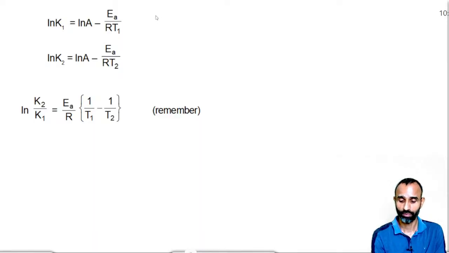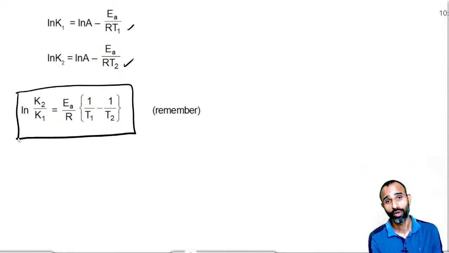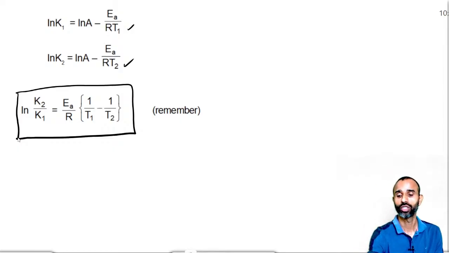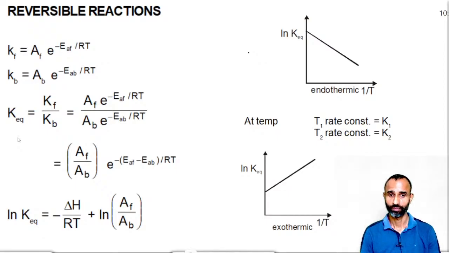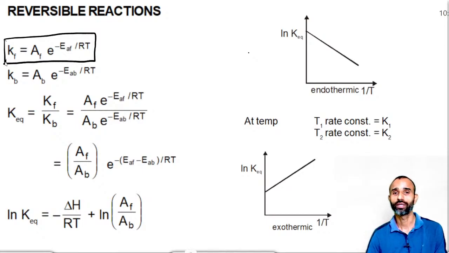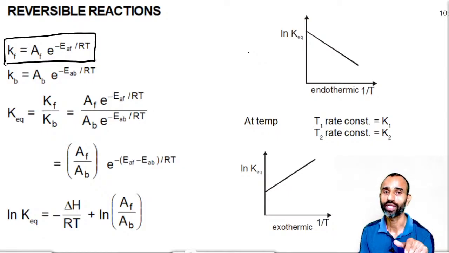So if we have two different temperatures T1 and T2, the relation is natural log of K2 by K1 equals activation energy by R into 1 upon T1 minus 1 upon T2. If we have reversible reactions, the forward rate constant is given like this: forward Arrhenius constant Af into e raised to power minus activation energy for the forward reaction upon RT.